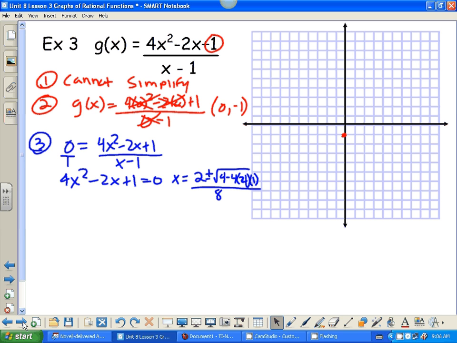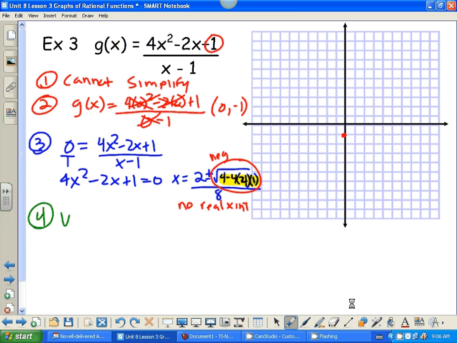You should not have to go on any further. Hopefully you can notice that 4 minus 4 times 4 is going to yield a negative number. That means the discriminant is negative, which means you have no real x-intercepts.